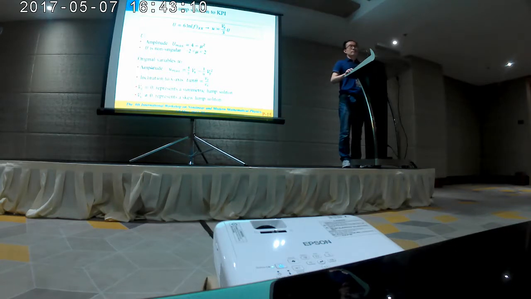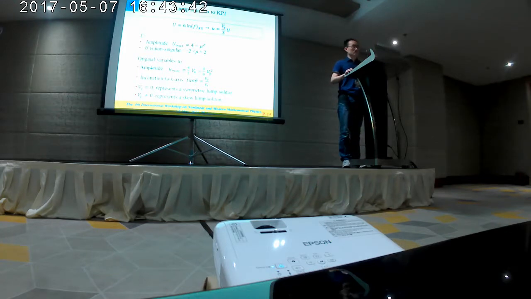We also get the amplitude equal to 4 minus mu squared. The u is non-singular when mu is between minus 2 and plus 2. In the original variables u, we also can get the parameters. When V1 equals 0, it represents a symmetrical lump solution.